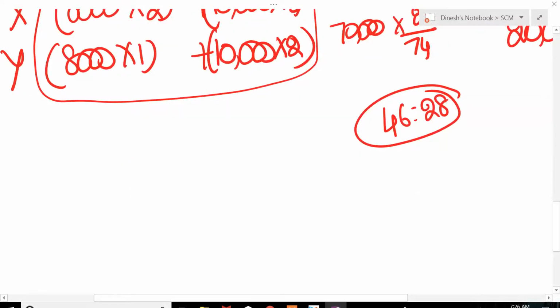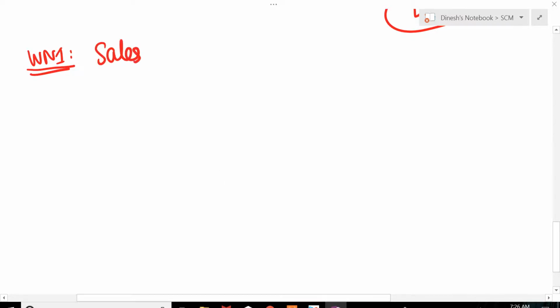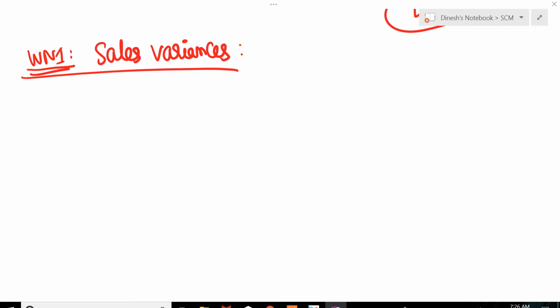Working note 1. Sales variances. Single product, multiple product. Multiple product, open 4 columns.